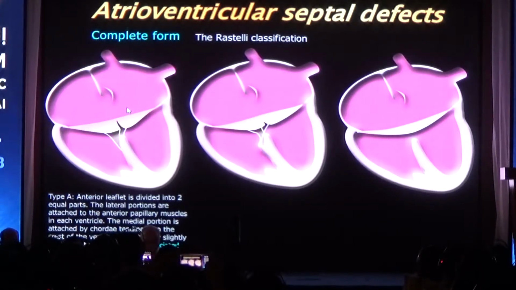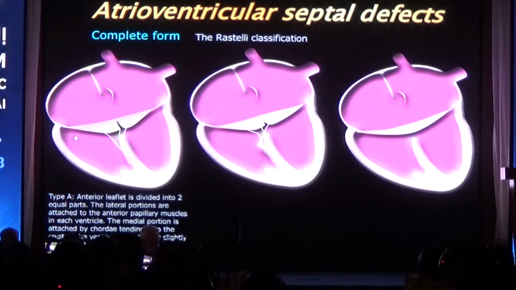In the type A, you have an anterior leaflet that is divided in 2 equal parts. There's a cleft in between here, and they have papillary muscle attachment to the tricuspid side of the heart, so the right side. And this is typically associated with babies that have left-sided obstruction.